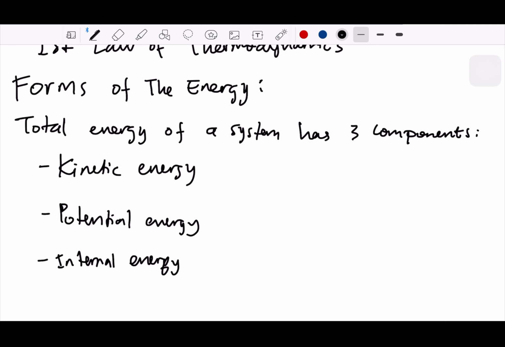So aside from kinetic and potential, we also have internal energy.